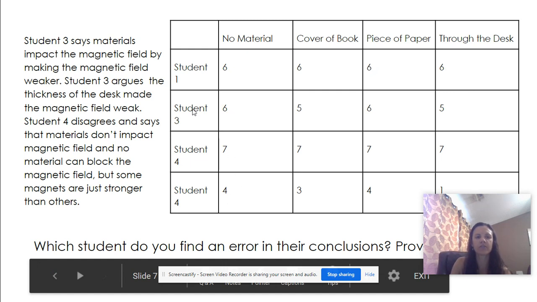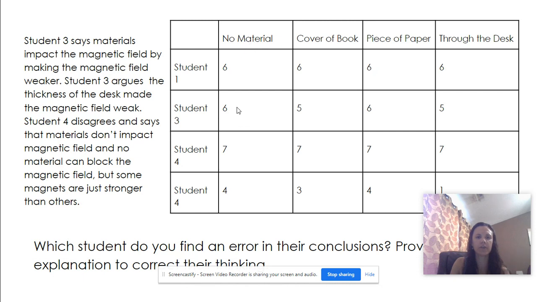So when student 3 used a magnet with no material, he was able to attract 6 paper clips. When he used the cover of a book, he was only able to attract 5. So I'm thinking about the thickness of a cover of a book, and we could be talking about a textbook, so that would mean the material was just a little thicker.